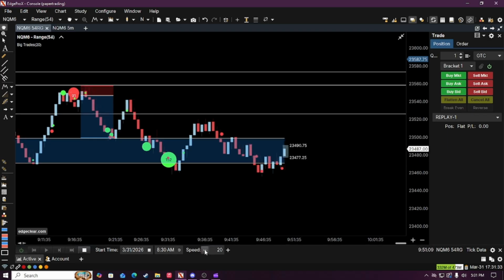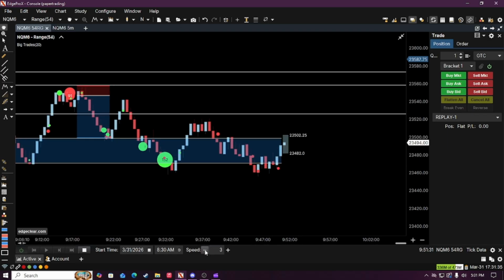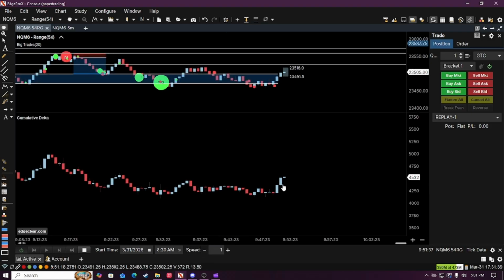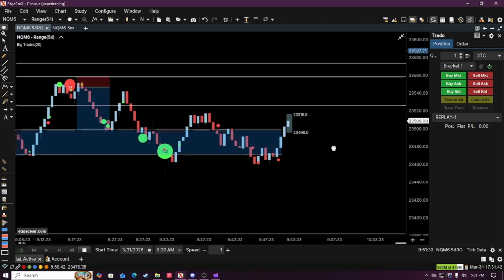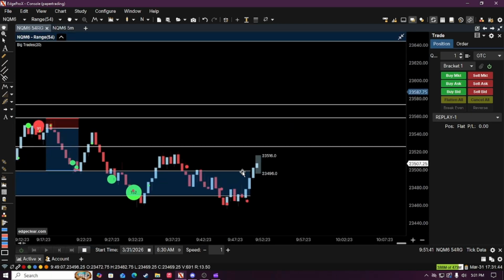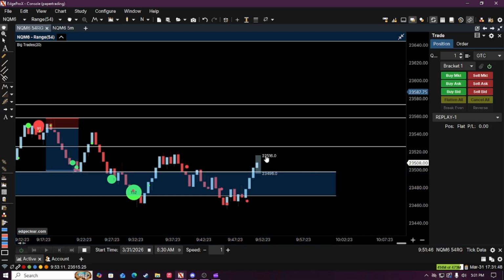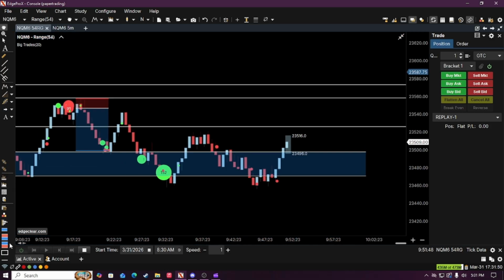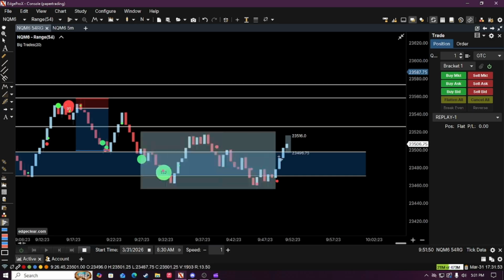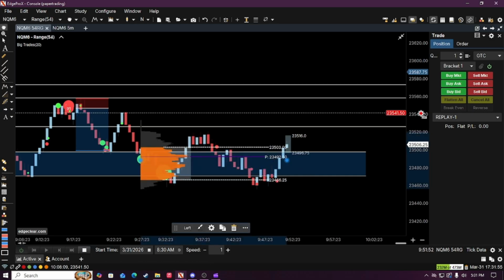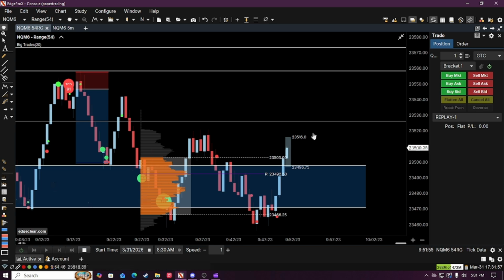So here we can start seeing a lot of aggressive volume with the indicator, and we're starting to build upwards momentum. And as you know, we like that. So I'm waiting here. We have a consolidation for a retest, maybe a little bit higher retest to the point of control, and I enter.